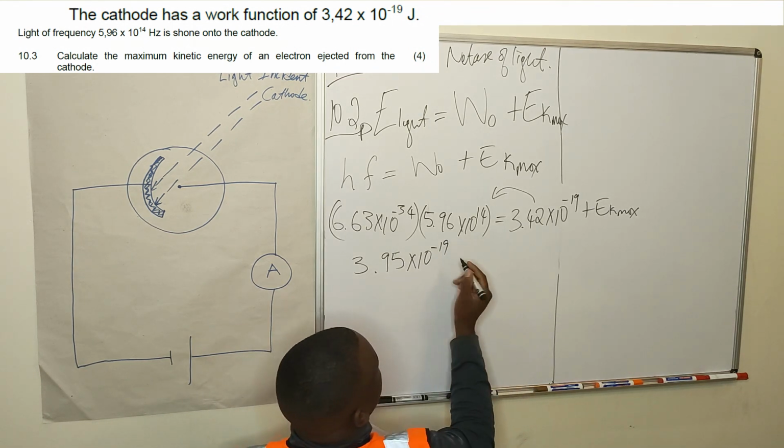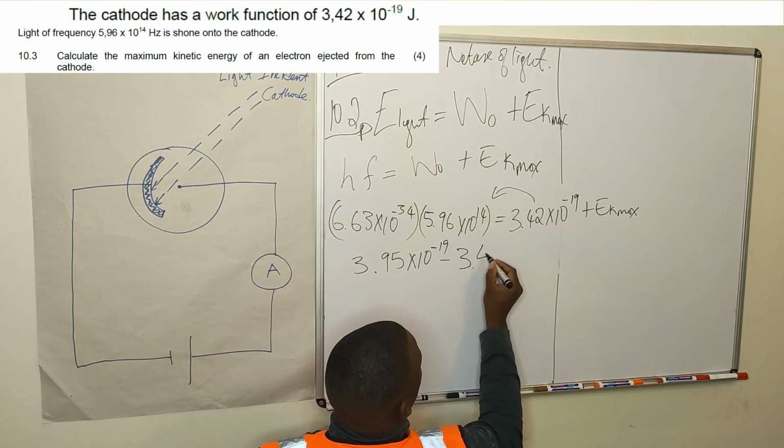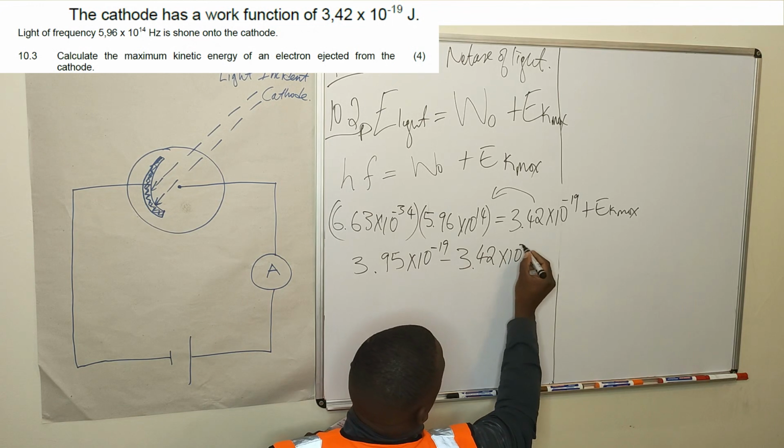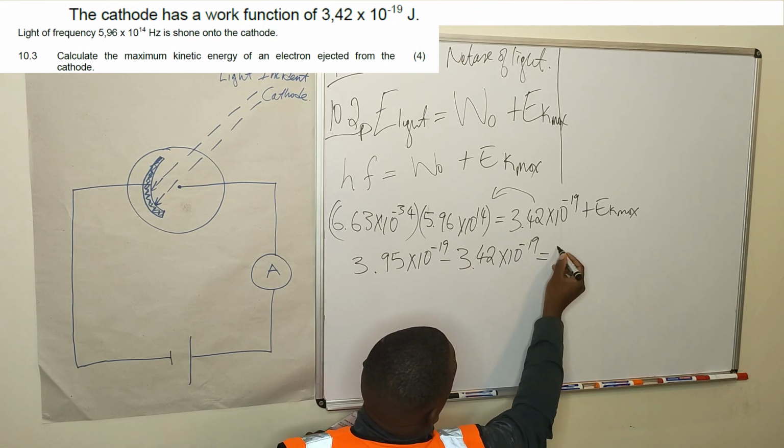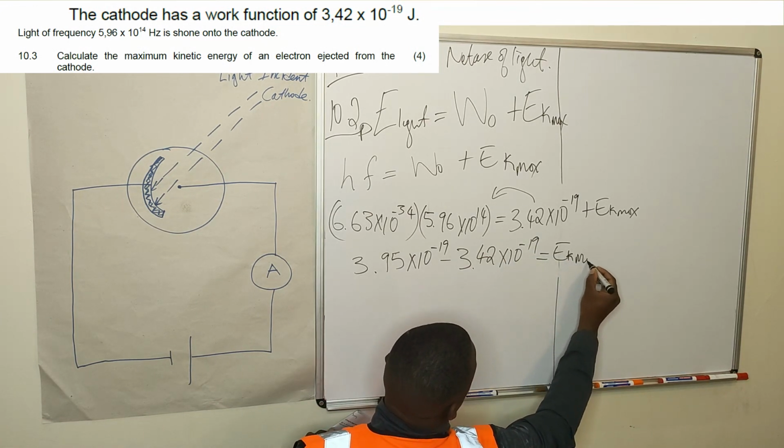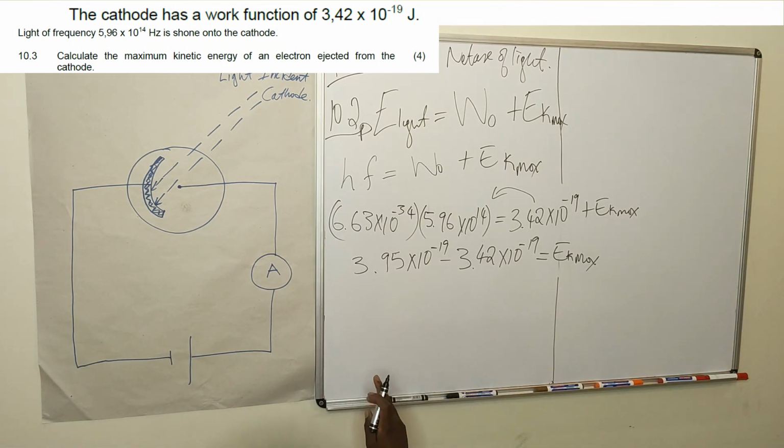Then you transpose this to the side: minus 3.42 times 10 to the minus 19 is equal to your maximum kinetic energy. Then just find the difference between the two. 3.95 minus 3.42, times 10 to the minus 19.